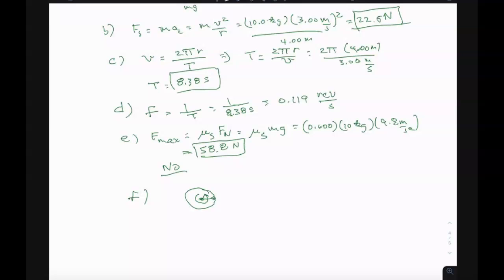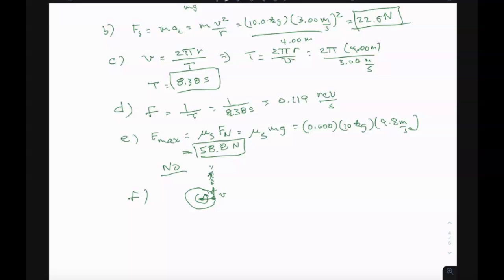Well, it's the same thing as if it were tied by a string, exerting a tension T, and it would suddenly just break. Well, the object would just continue moving off with the velocity it has at the instant of the slip. So it will continue in this direction, tangential to the merry-go-round at the instant of the break.